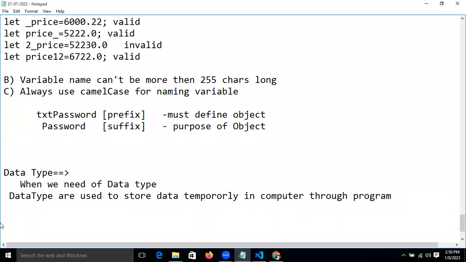So now, sometimes whenever we are writing any statement, I'm giving a visualization about these things, guys.